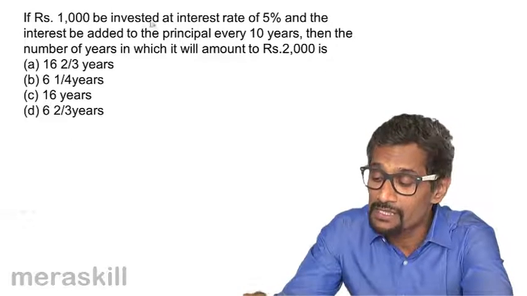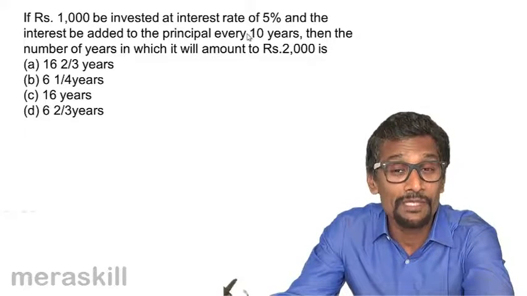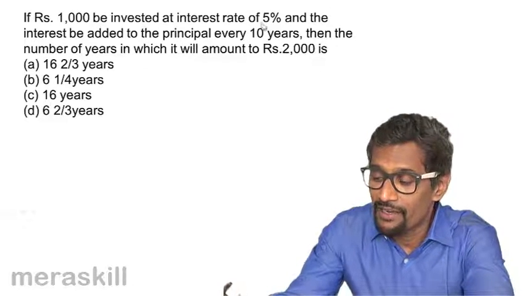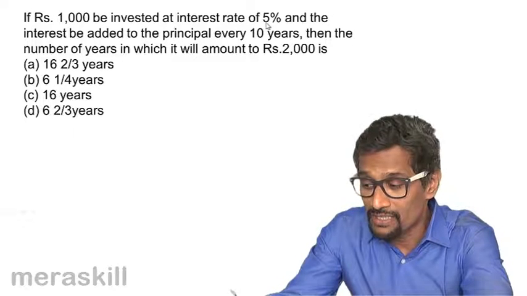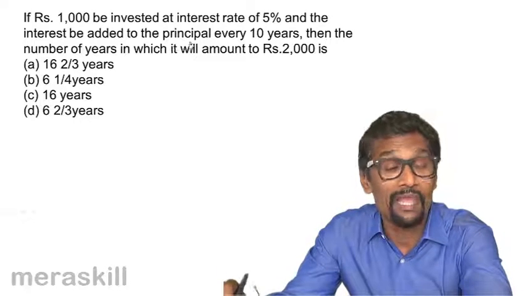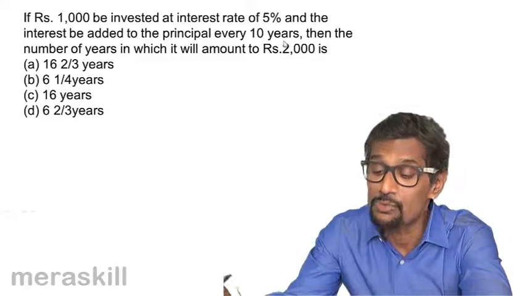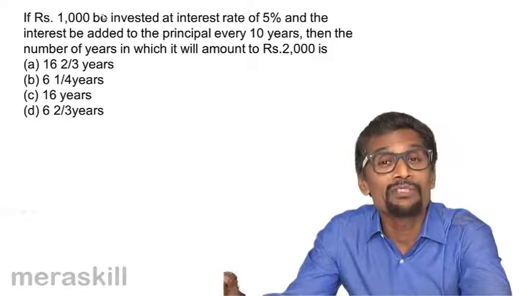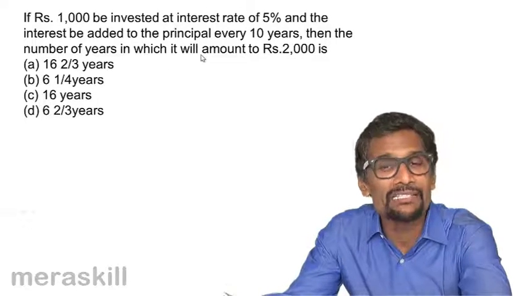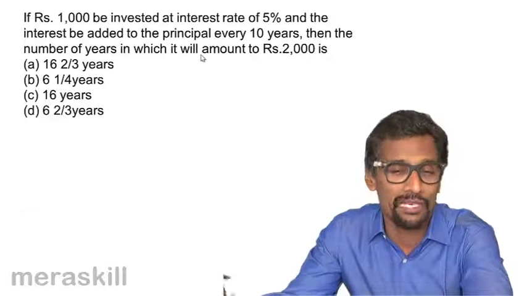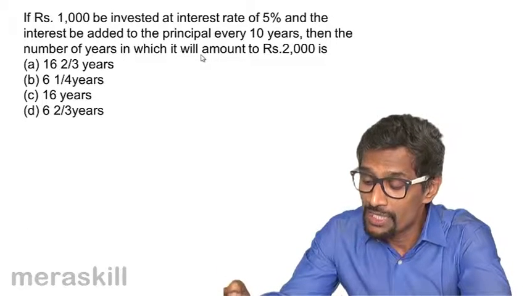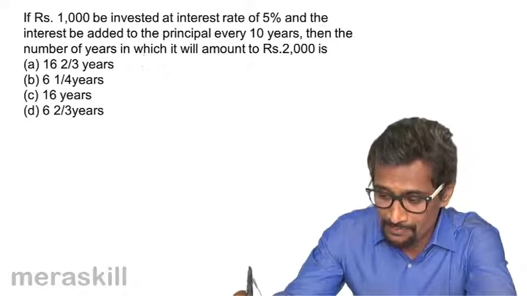That is, for the first 10 years, simple interest has to be calculated at the rate of 5%. And then the simple interest has to be added to the principal, which will become the principal for the next 10 years, but that will also be calculated at simple interest. So let's have it for the first 10 years.